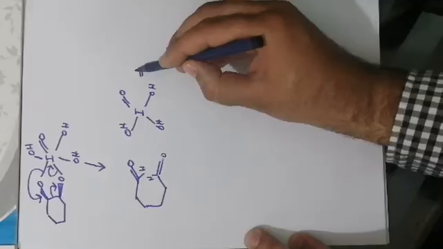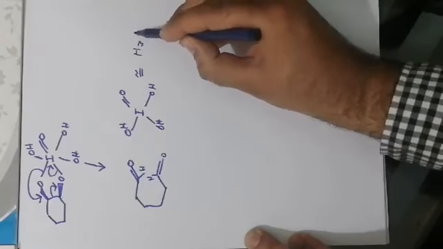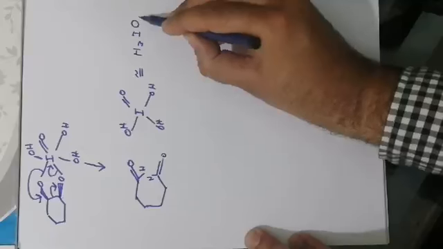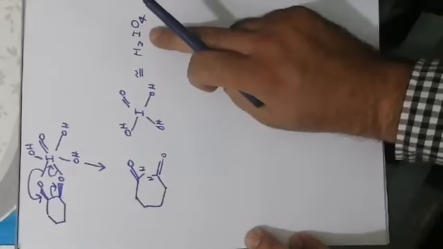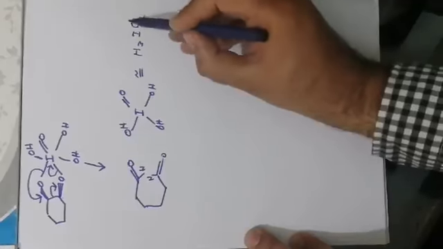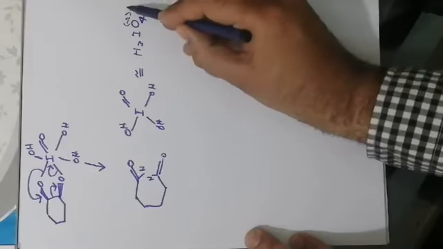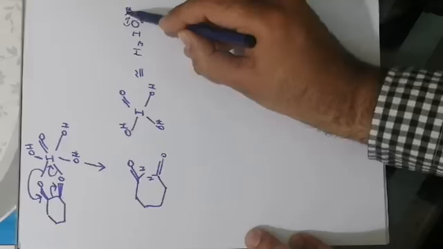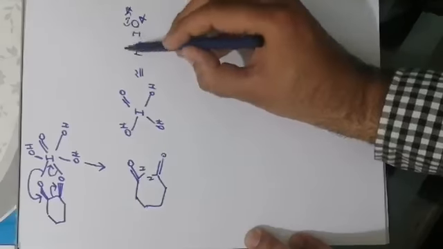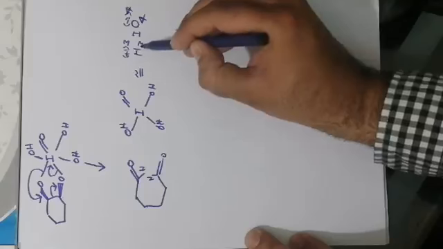So what is the structure of this compound? H3IO4. Now what is the oxidation state of iodine here? Let's calculate. -2 on each of the 4 oxygens gives -8, and +1 into 3 gives +3.